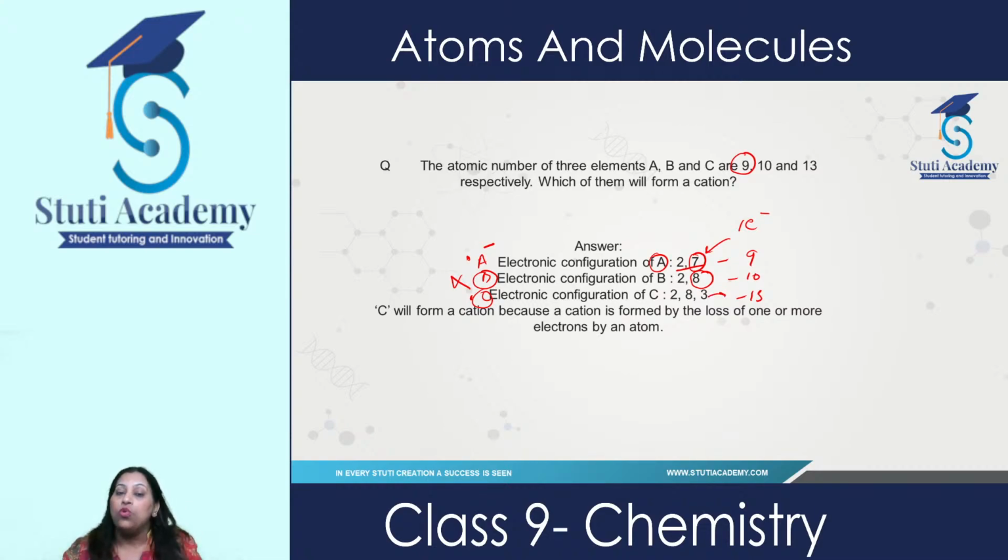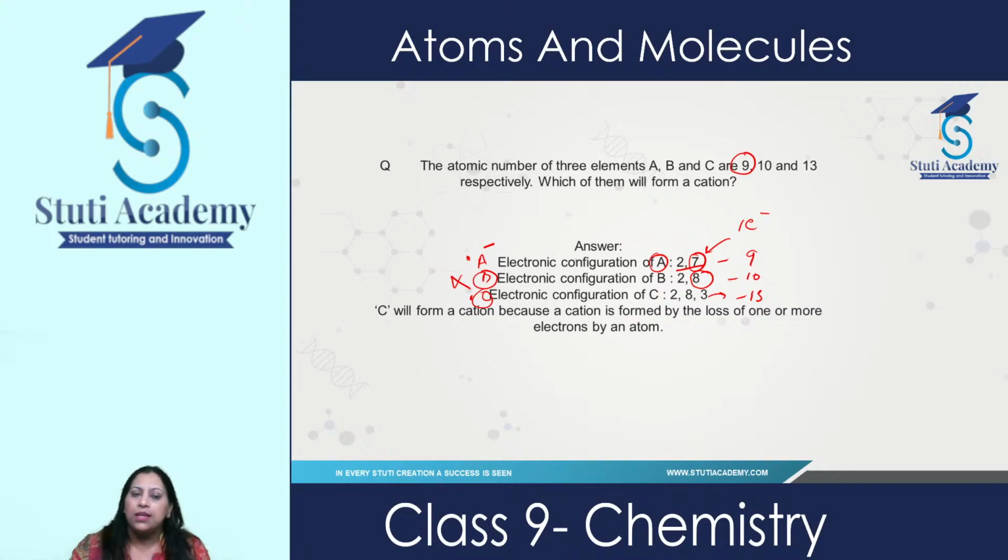So it will lose its 3 electrons, because, as I have discussed, for gaining 5 electrons they need a tremendous amount of energy. So this energy cannot be created. It is not an easy task to create that amount of energy. So we always go for easy options. These elements are very smart and they always opt for the easy options.